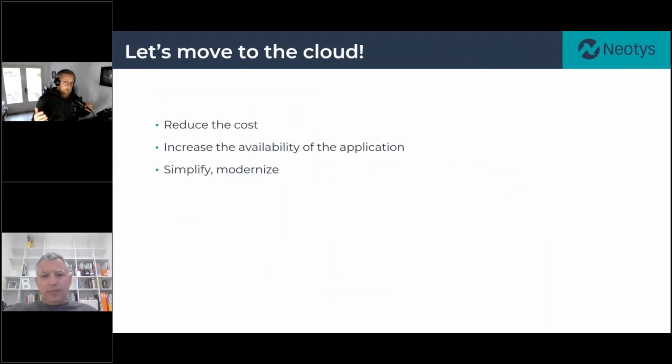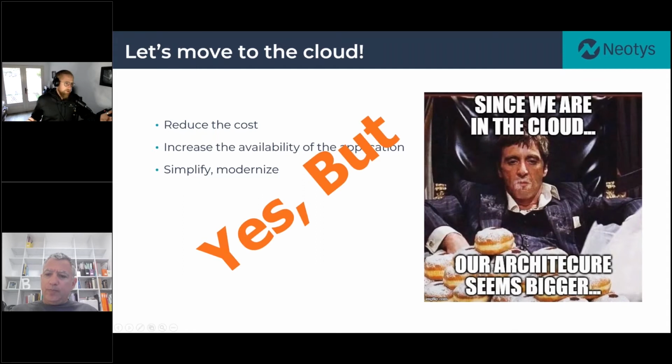And with this design, you can move to the cloud because you have all the advantages of the cloud. If you look at the marketing messages of the cloud, it says, "We're going to reduce cost. We're going to increase availability. It's going to be simplified and modernized." But in fact, it's not so simple.